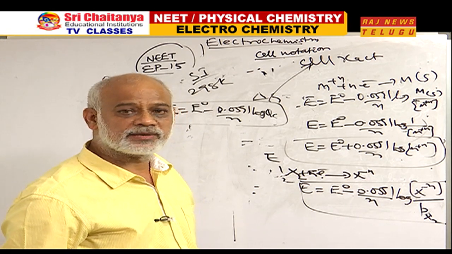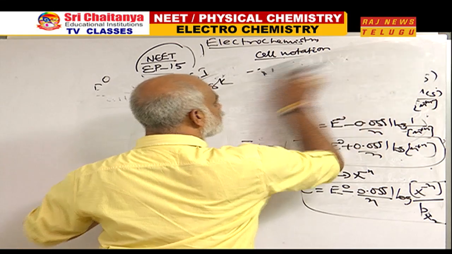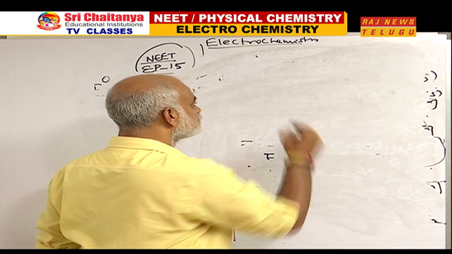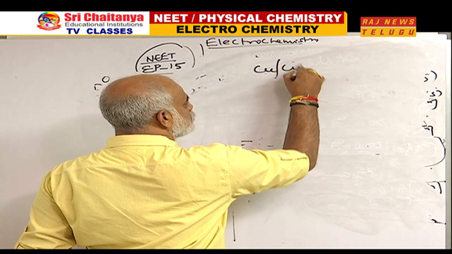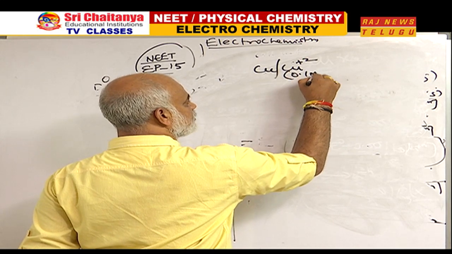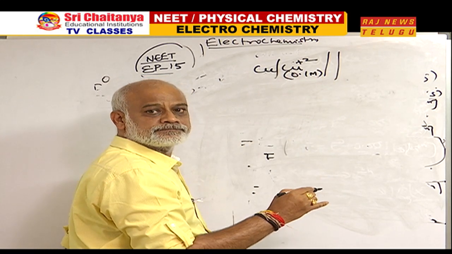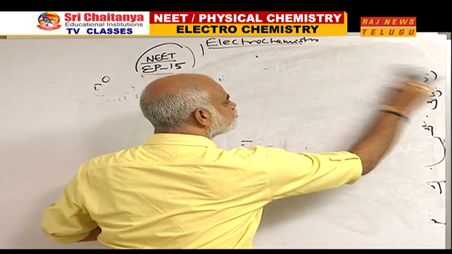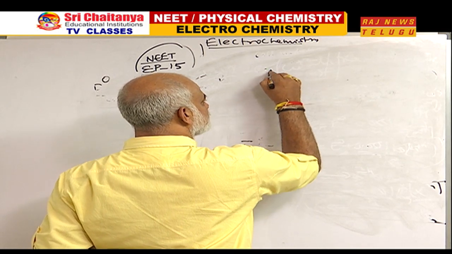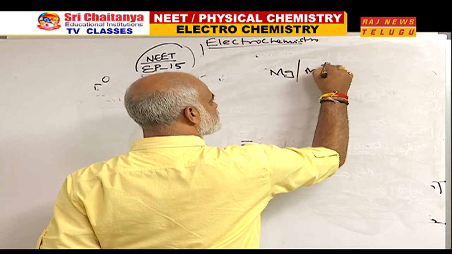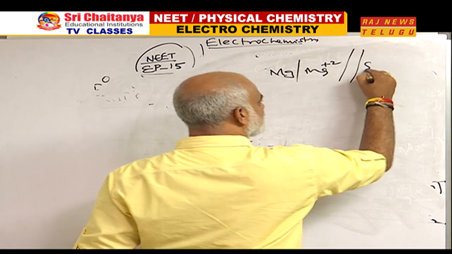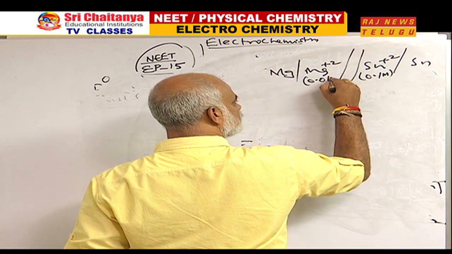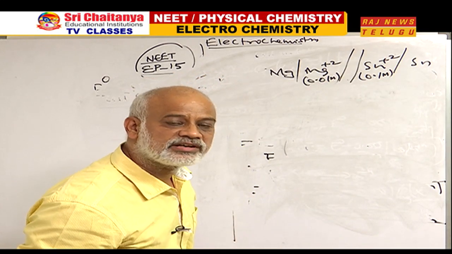Shall we solve one or two problems on this? Chalo. Let us solve the problem. Cu plus 2, 0.1 molar, double vertical line, Mg plus 2, double vertical line, Sn plus 2 Sn, 0.1 molar, 0.01 molar is given to you.